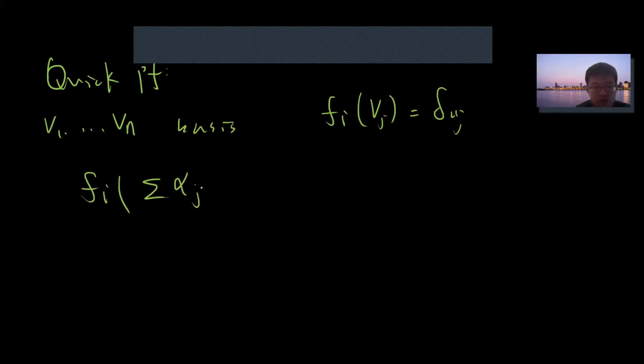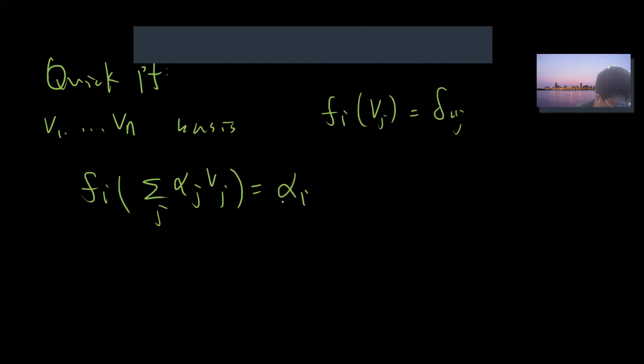You can define Fi, which maps Vj to delta ij, so we can create this Fi. Then obviously Fi acting on the summation of alpha j Vj will only give you alpha i.